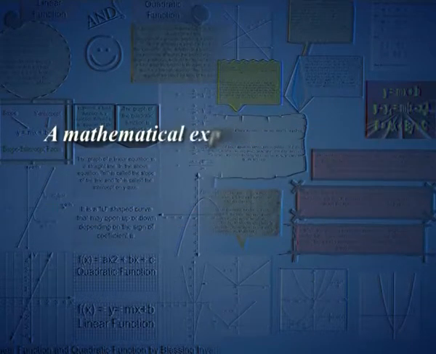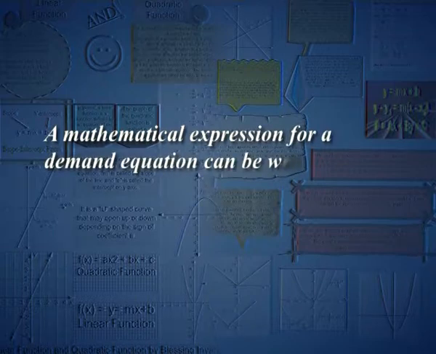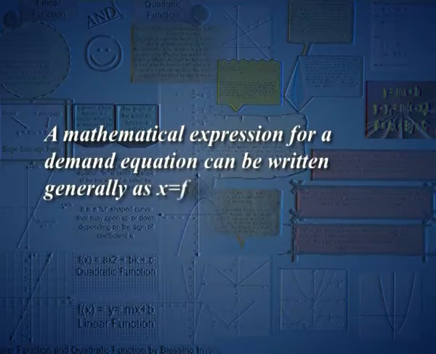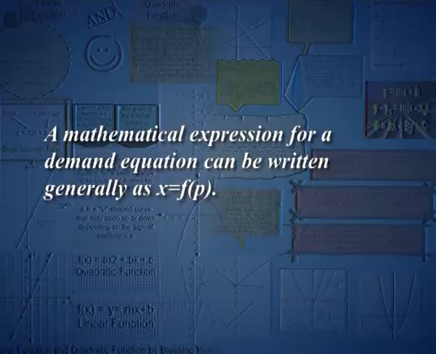A mathematical expression for a demand equation can be written generally as x = f(p). The function f here is called the demand function, and f(p) is the number of units of the commodity demanded, for which p is the price per unit of the commodity.